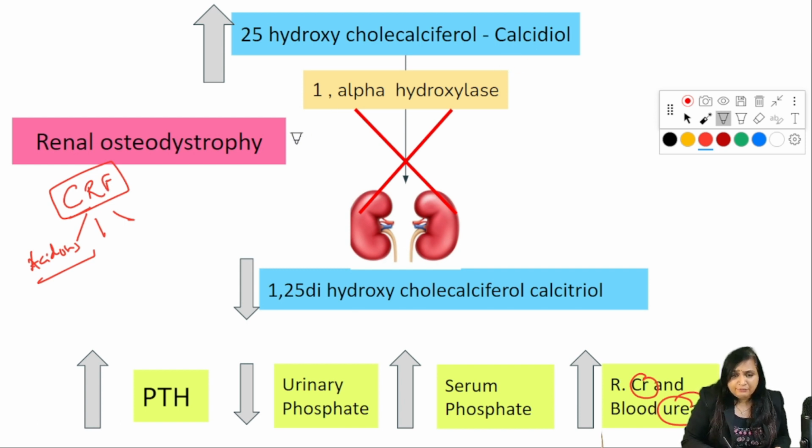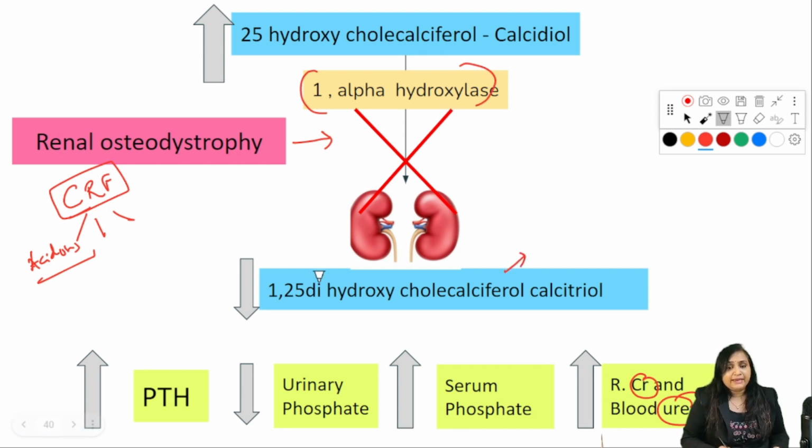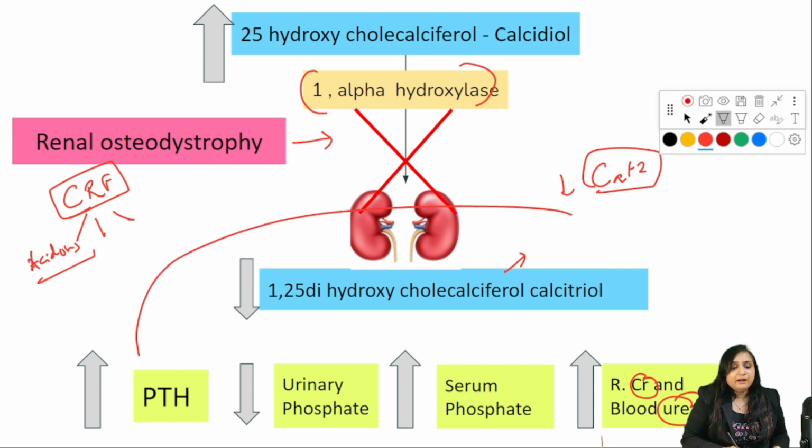So in renal failure, one thing is this enzyme will not work. So vitamin D will be on the lower side, and because vitamin D is on the lower side, calcium concentration will also reduce. So because of that feedback, PTH will go up, and as the kidney is not able to handle the reabsorption of the phosphate, here we'll have a urinary loss of the phosphate.